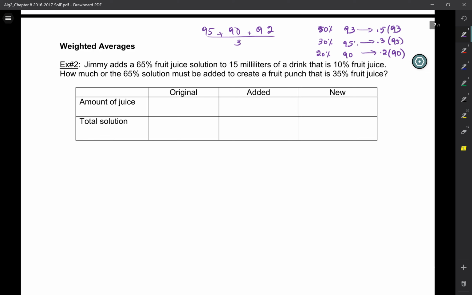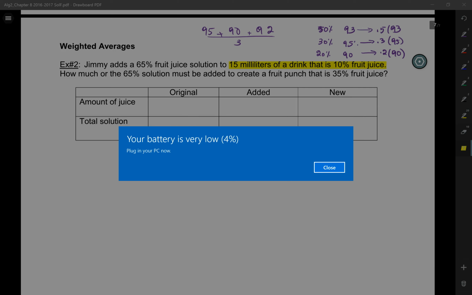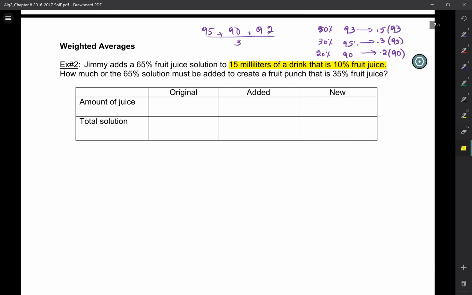So Jimmy has 15 milliliters of a drink that's 10% fruit juice, all right? So it's a diluted mixture, 10% fruit juice, 90% something else. We really don't care what it is. Now he's got another solution that has 65% fruit juice.